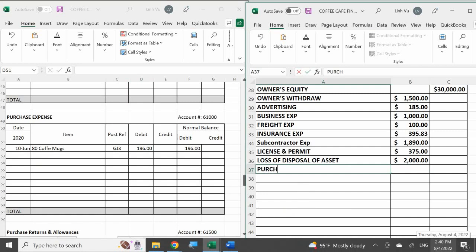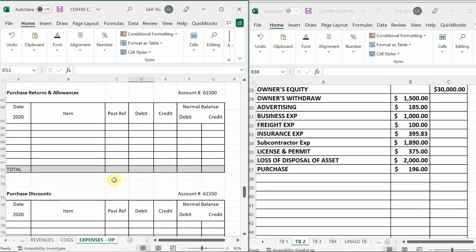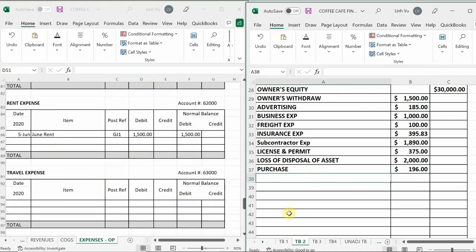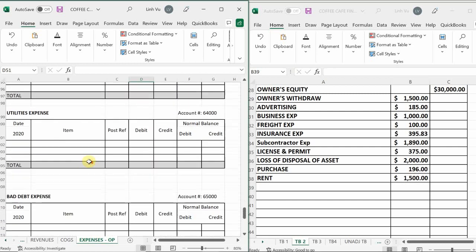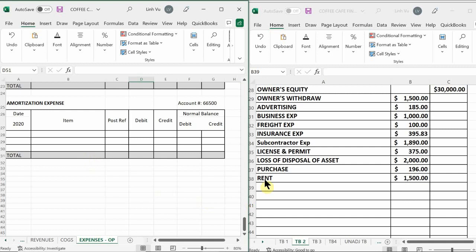We have it for May. How much? 196. All right. No returns or allowances or discounts, and then rent. 1,500 for rent. Do we have any travel expenses, utilities expenses, bad debt, depreciation, and amortization expense?